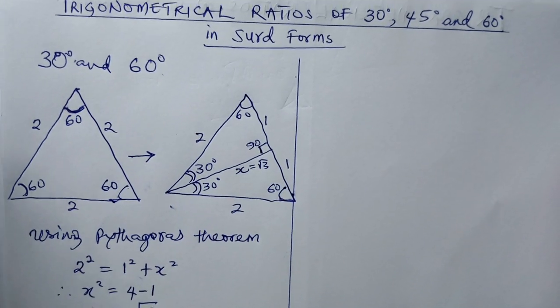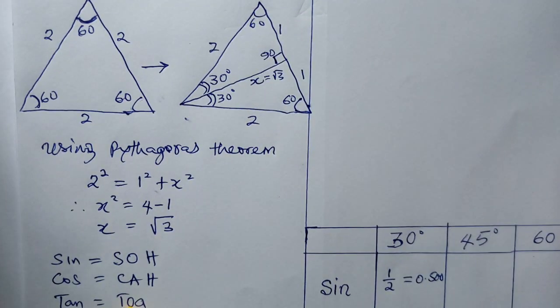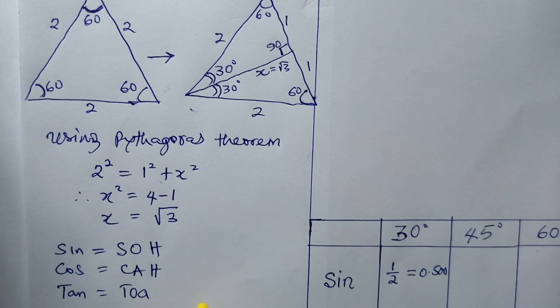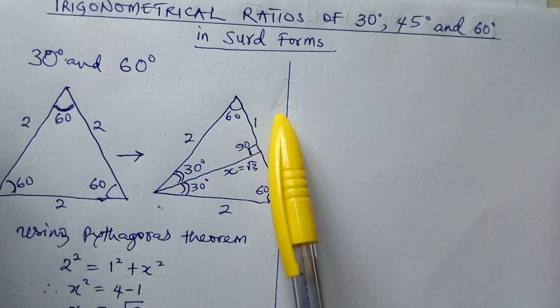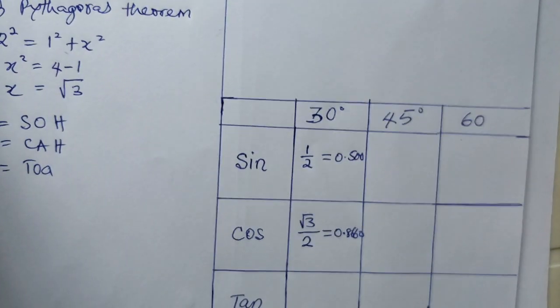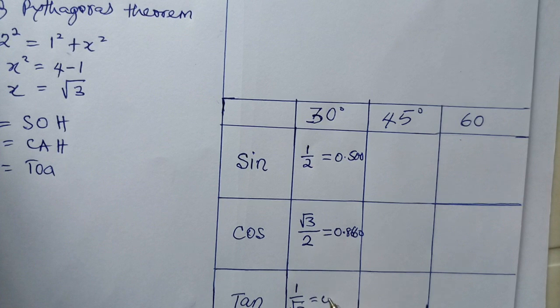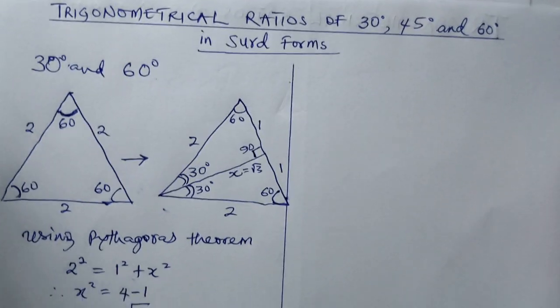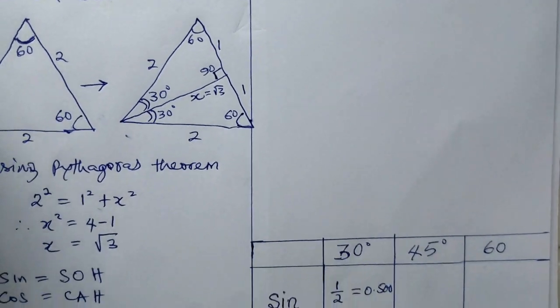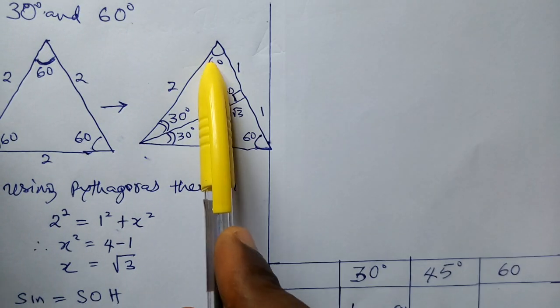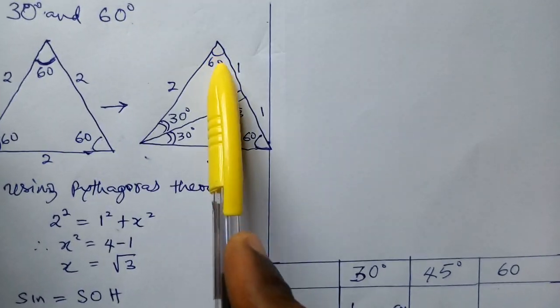Also, tan 30 is opposite over adjacent. So tan 30 is 1 over root 3, and 1 over root 3 using a calculator is 0.5774 approximately.